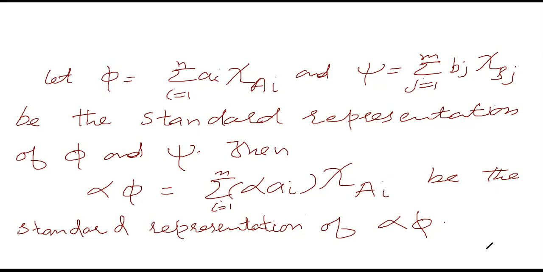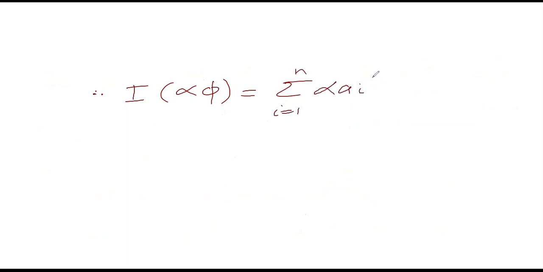Therefore the integral of alpha phi is equal to the summation i runs from 1 to n of alpha a_i times mu star of A_i.